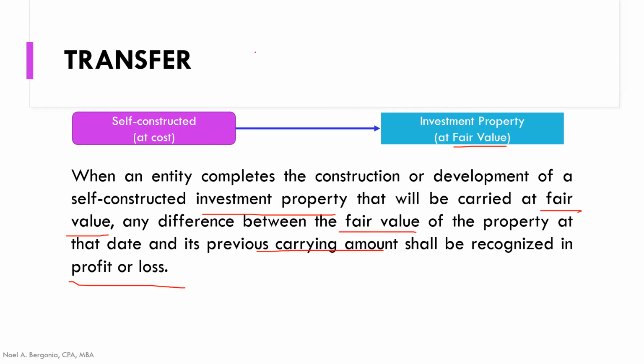So parang ganito lang yan. Let's say for example, all of your construction costs is amounting to 5 million. And then ang fair value at the time na dahil na-construct na, fully constructed na, pwede na natin siyang iparentahan, then the fair value is let's say 6 million. Okay, so you will be debiting investment property 6 million.